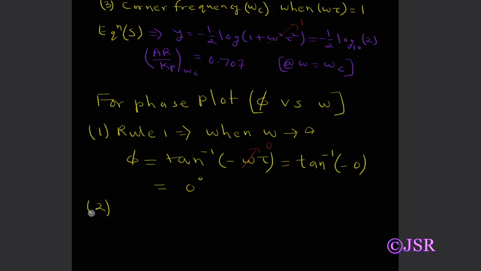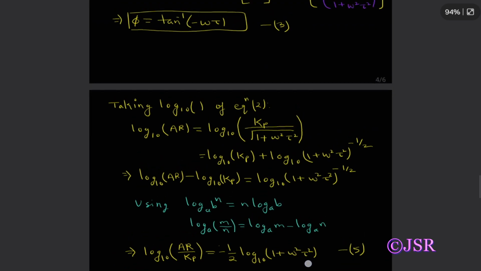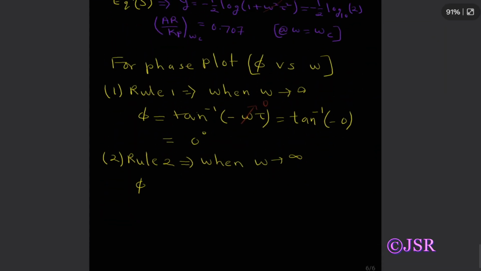So for rule number 2, when omega tends to infinity, from equation number 3 we will have phi equal to tan inverse minus omega tau, and this omega tau equal to infinity.